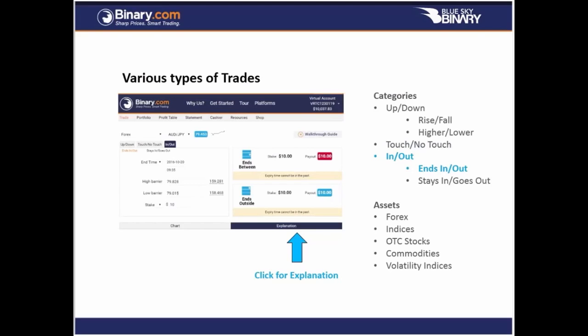If we select ends outside, we win the payout if the exit spot is either strictly higher than the high barrier or strictly lower than the low barrier. So in this case, we want the price to break one of the two barriers that we have set.